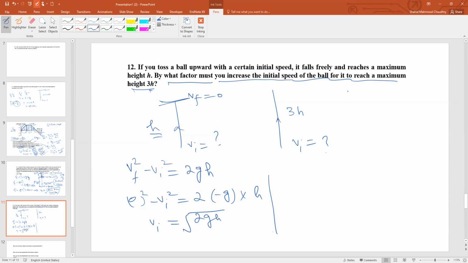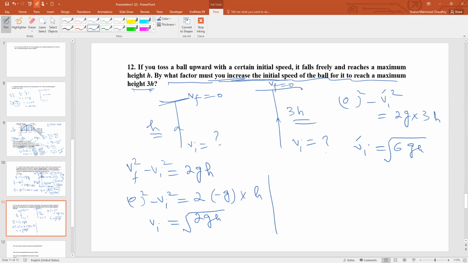Again the body is at the highest position, the final velocity is 0, and minus vi square is equal to 2 into minus g into h, where h is now 3h. So vi dash is equal to root of 6gh. He is asking by what factor you must increase the initial speed, so we have to find the factor.